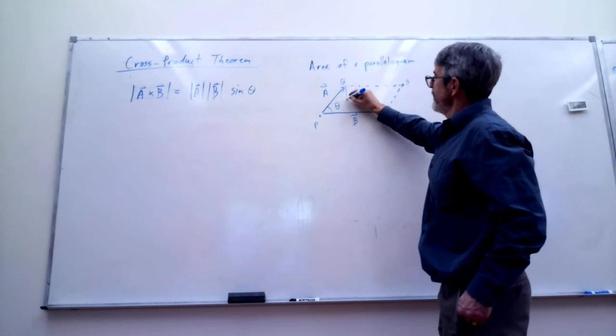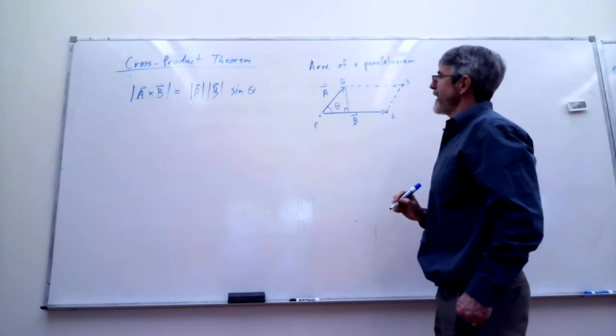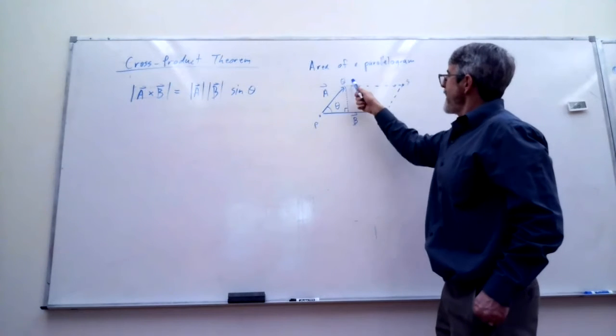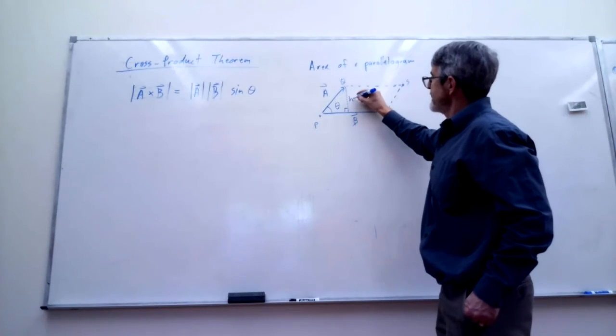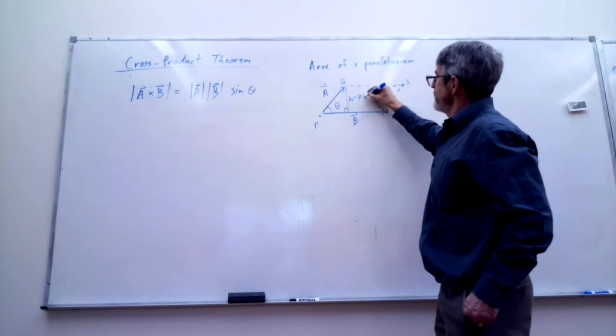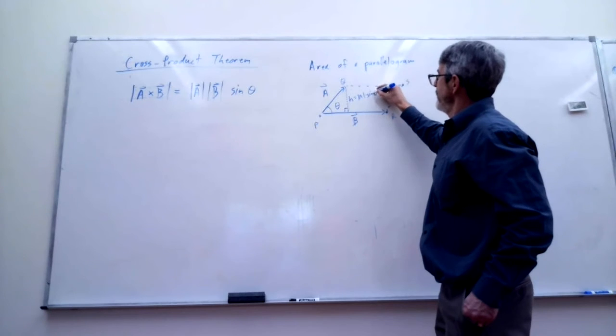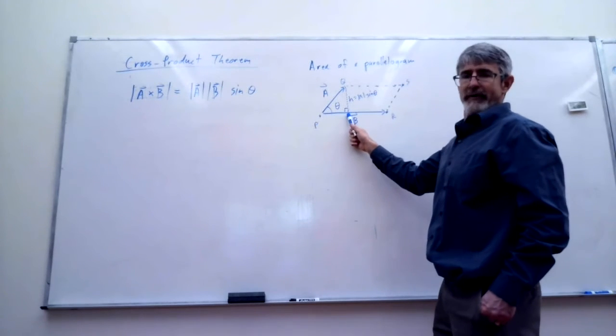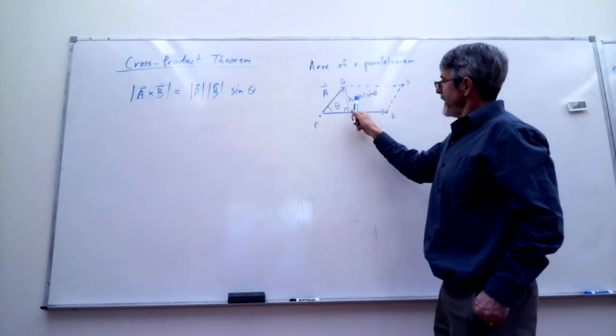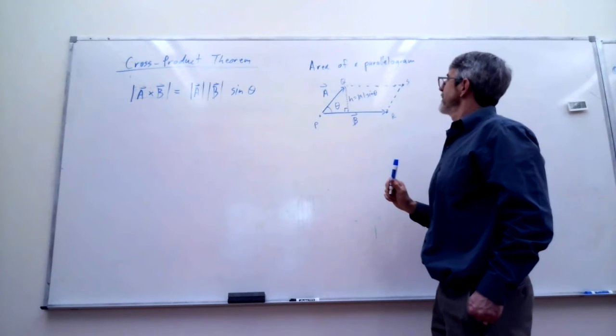To get the height of the parallelogram, I have to drop a line called the altitude. And how big is this line? The height of this is the hypotenuse times the sine of theta, because this line is opposite to the angle theta.